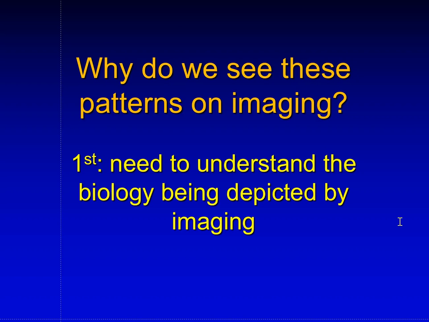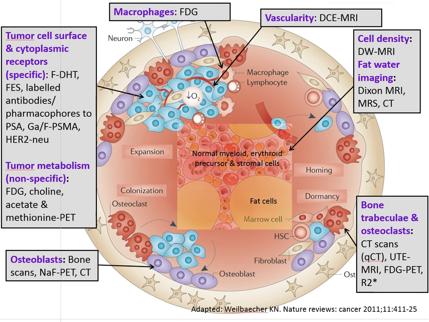So why do you see different patterns on the different imaging techniques? Well, the first thing you need to understand is that the biology being depicted by imaging techniques varies according to the technology used. So, for example, if you wanted to look at the cellular content within the marrow space, the fat content, then you're probably doing quite well using diffusion sequences or fat and water imaging using the Dixon technique.